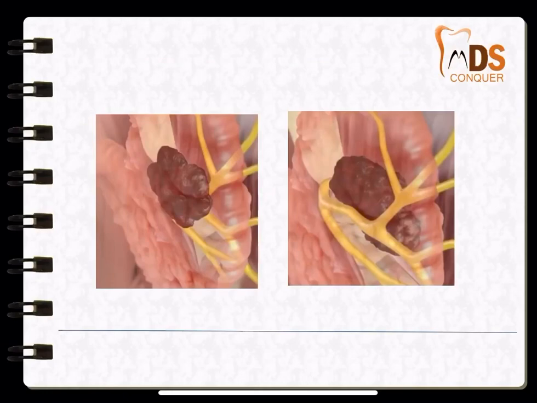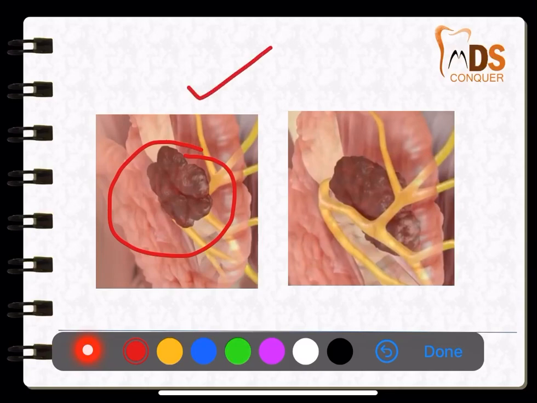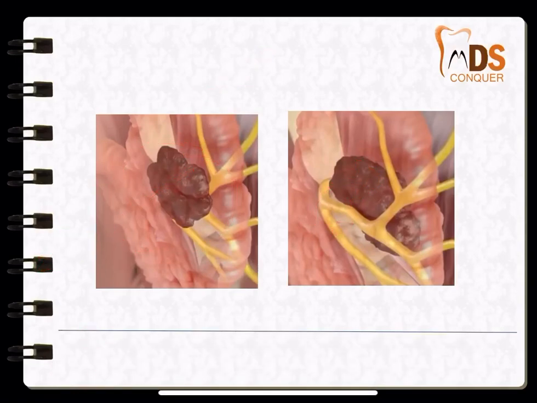We can see most of the benign tumors actually lie superficial to the facial nerve. As you can see, this yellow thing is the facial nerve, so they lie superficially. When they perform Patey's operation or superficial parotidectomy, they remove this and preserve the main trunk of the facial nerve. If the tumor is inside, in the deep lobe, and also encroaching the facial nerve, then superficial parotidectomy will not be that effective.